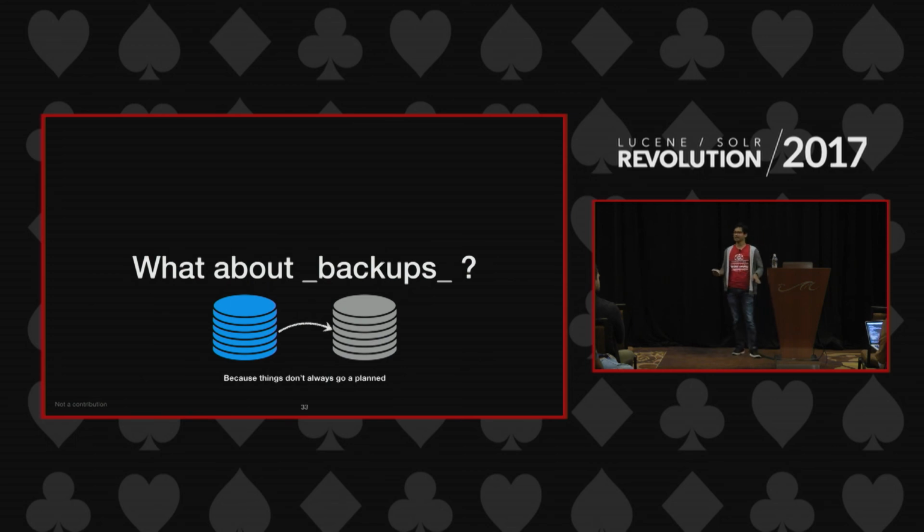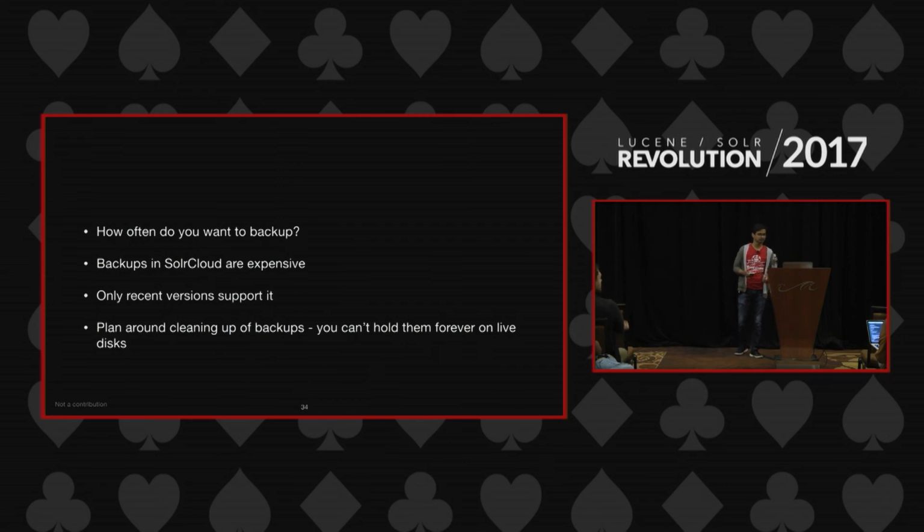Well, all of this is nice and good, but what if you lose your data? None of this would make any sense. I mean, yes, I have monitoring that says I have no replicas for a given shard because I lost everything. That wouldn't be nice. So things don't always go as planned. You generally want to make sure you have some way of backing things up. And to do that, you need to answer a few questions again: how often do you want to back up?